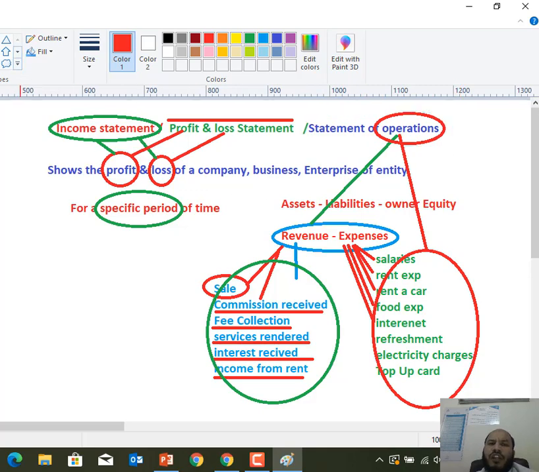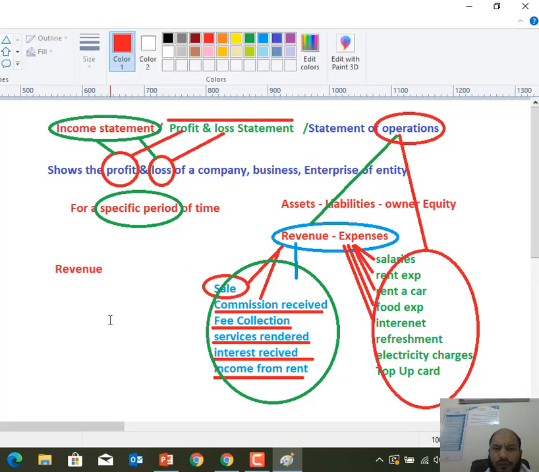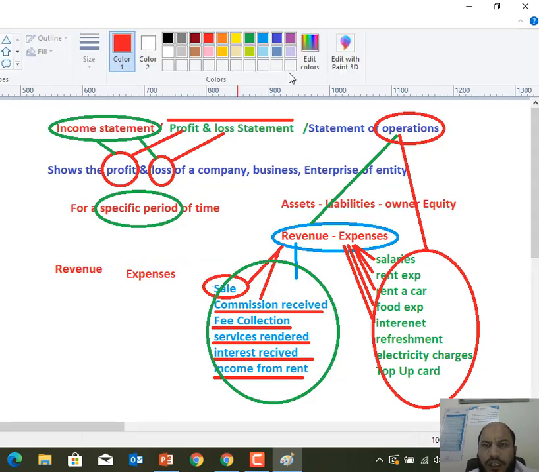So dear students, if your business revenue and if your business expenses, see, I will write down over here about the expenses. See, now I will make some, see this one, dear students.